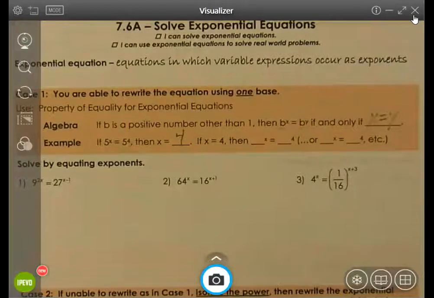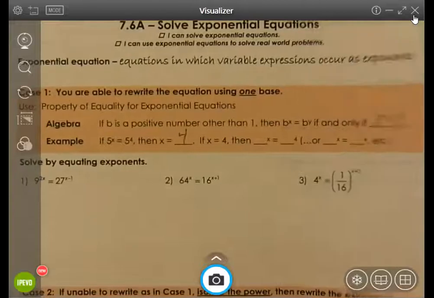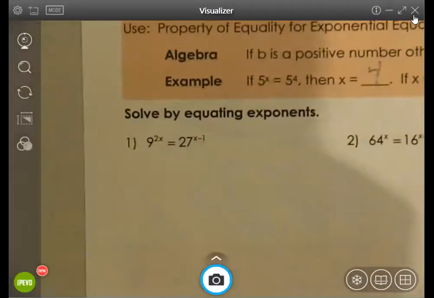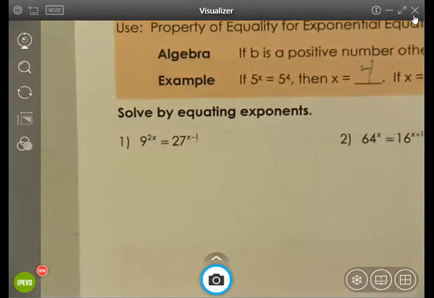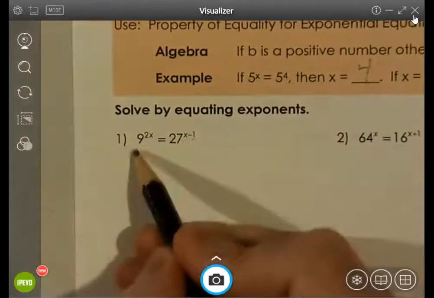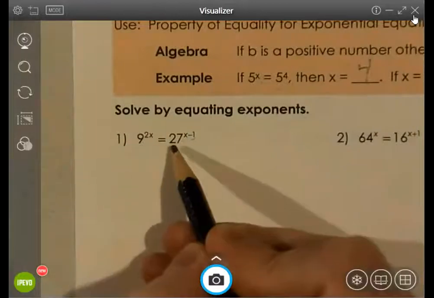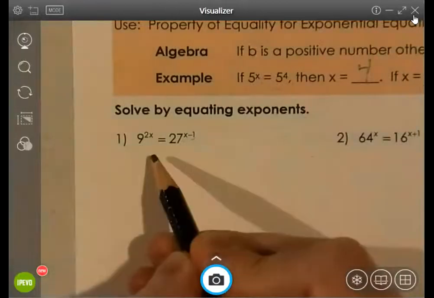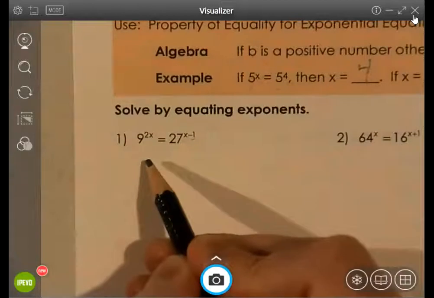All right. So we're going to look down here at our first example. And we see that the 9 and the 27 are not the same base. They need to be the same base.